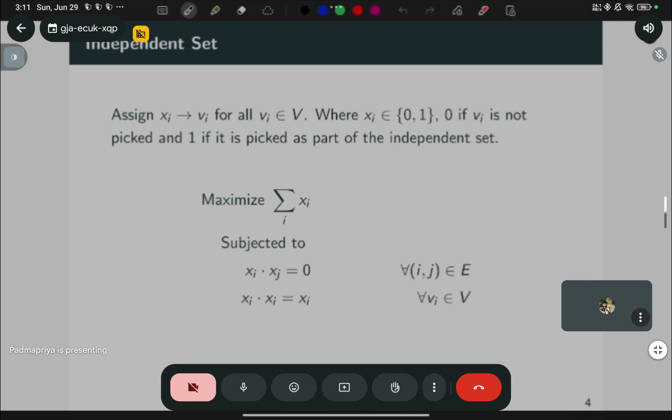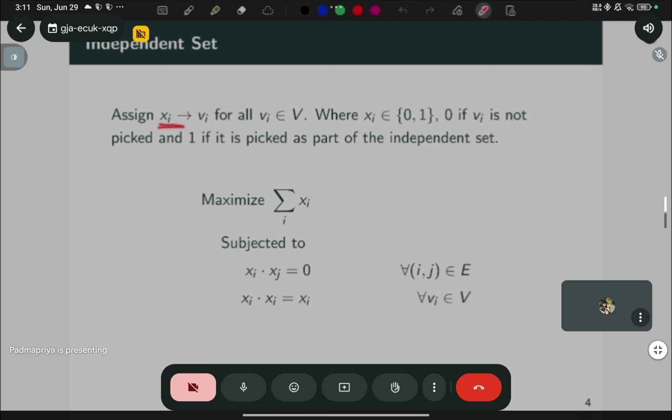In integer linear programming, we need a variable assigned to every vertex such that this variable takes the value either 0 or 1 to indicate whether this vertex belongs to the independent set or not.